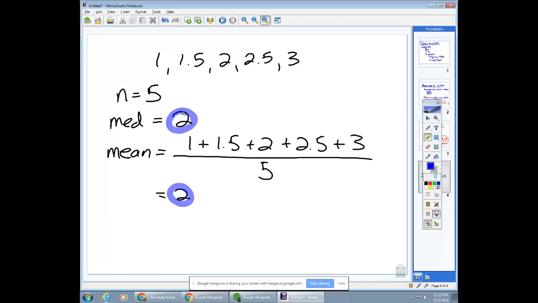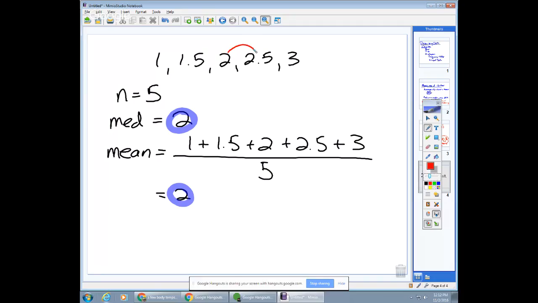Think about how the numbers are spread out from the middle. Yeah, aren't they all equally spaced by half? Mm-hmm. This is plus a half that way. This one's plus another half that way.